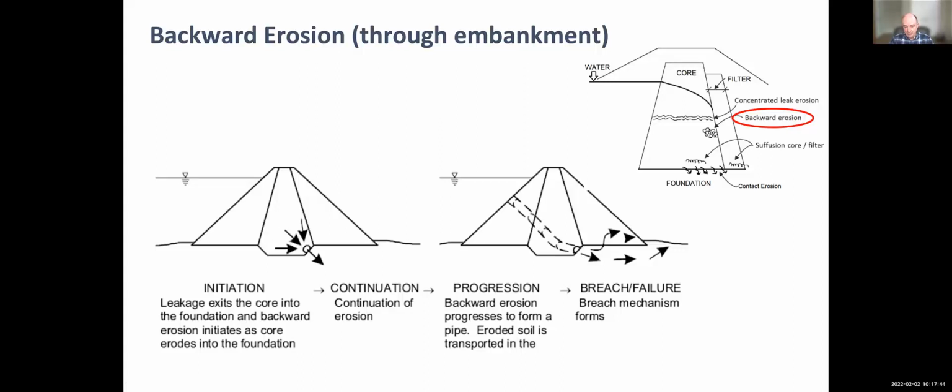Of course, when you're standing on the surface, taking a look at your structure, you might not even know what's happening unless you are having some water level measurements, piezometers in your dam, or if you're monitoring seepage coming out of the toe, and not just the quantity of water, but whether that water is carrying soil particles or not. So that's one type of internal erosion, this backward erosion.